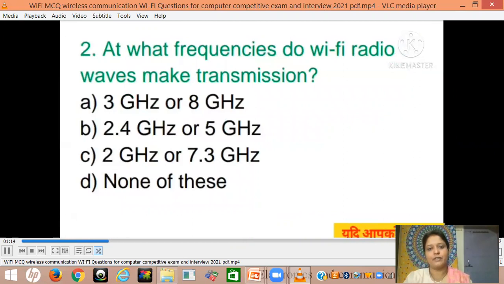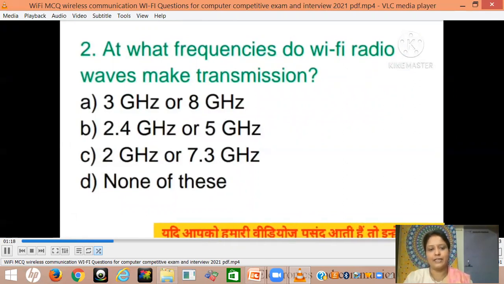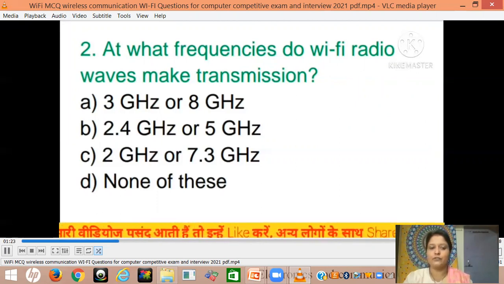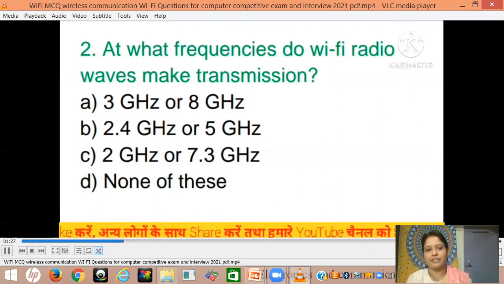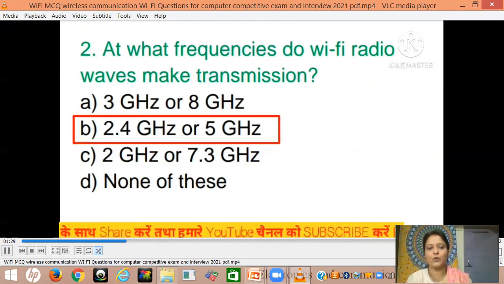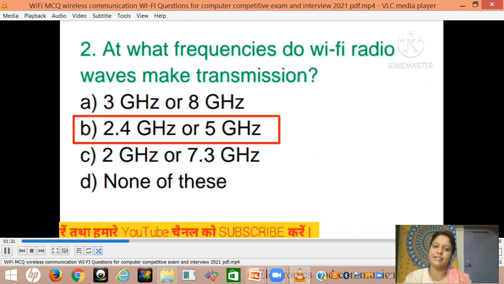Next: at what frequencies do Wi-Fi radio waves make transmission? 3 gigahertz, 2.4 gigahertz, 2 gigahertz, or none of these? Which is the frequency which is used by Wi-Fi? That is 2.4 gigahertz.